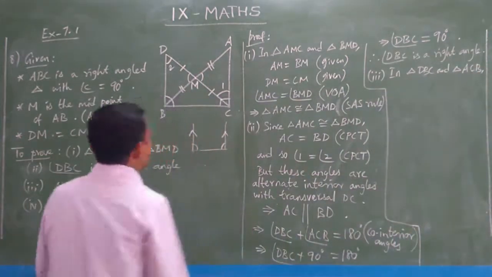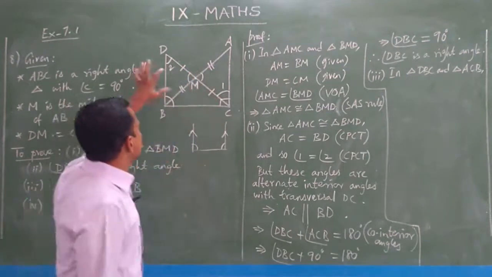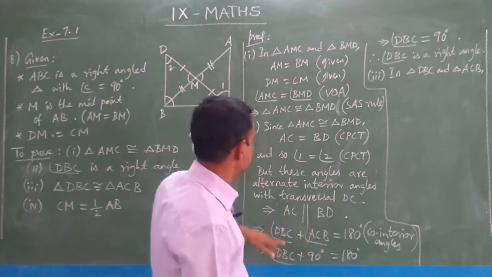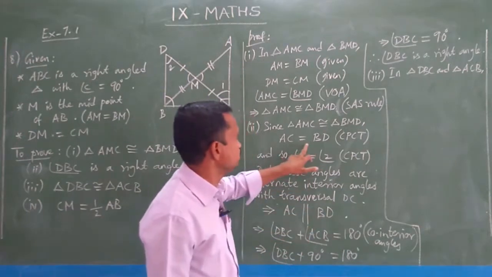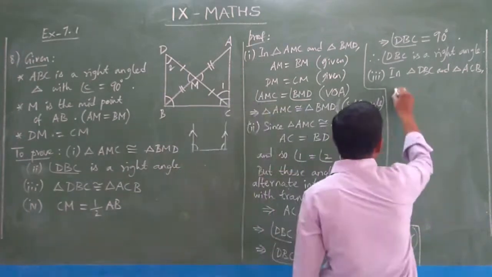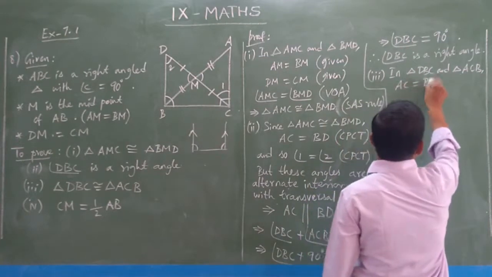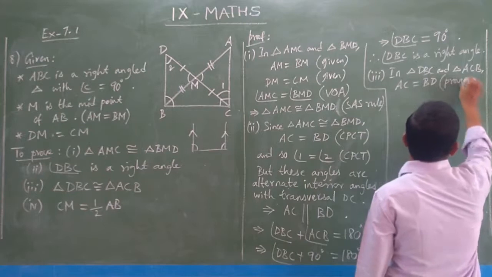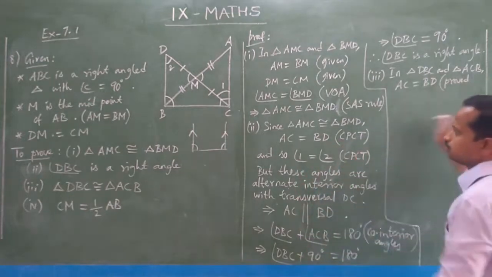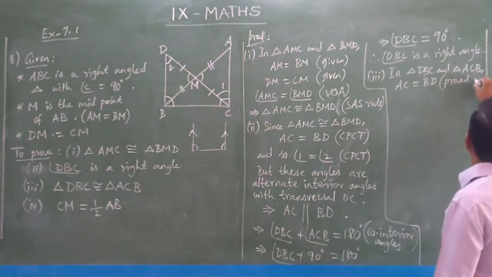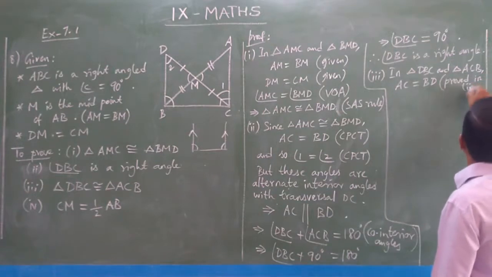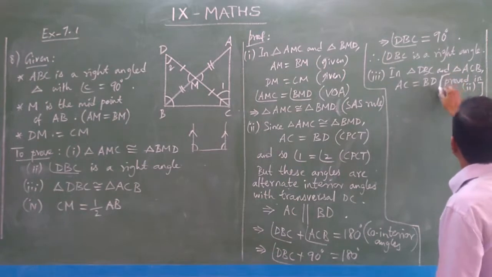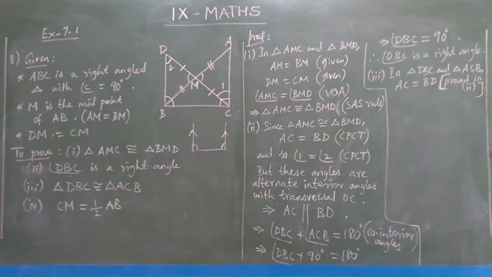Already we have proved these two, BD and AC, they are equal, by CPCT. So AC is equal to BD, proved in option 2.